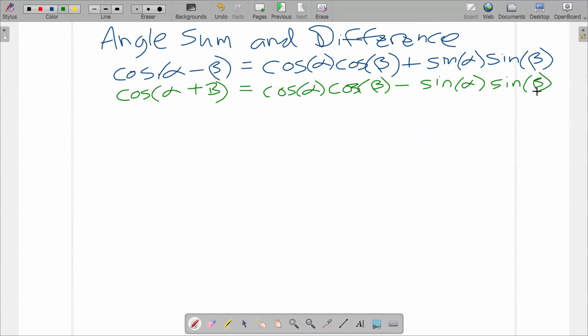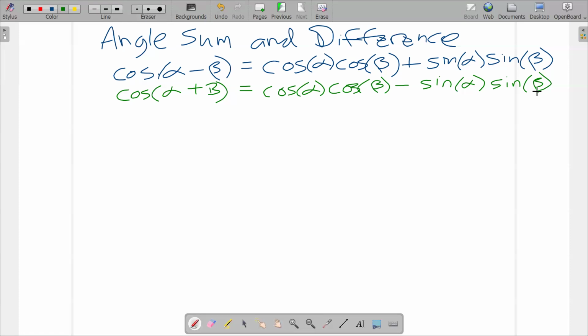But we're going to play around with them for a while. So all that is replacing beta with negative beta, which just leads to a little sign change there. Now remember, the sine and the cosine are just a shift of each other. We can shift by pi over 2, either one to get the other. So if we apply a shift like that, then we can turn these into sine formulas. I'm not going to go over all the details. I'm just going to give you the end result.